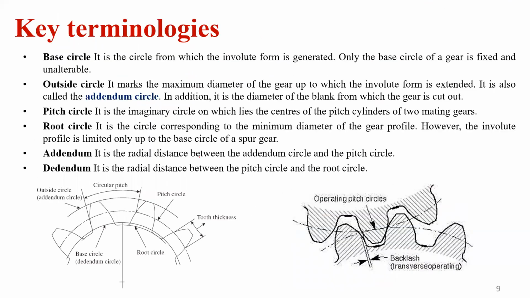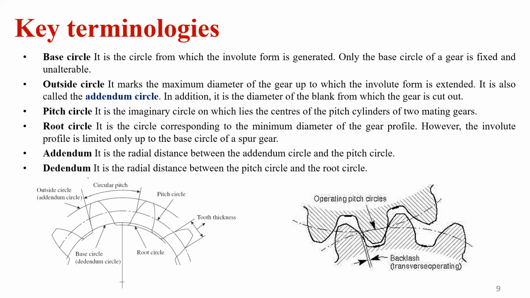Coming to the key terminologies. As we know, gears are used in automobiles to transmit engine motion to the wheels. Along with motion, these gears also transmit power and load.